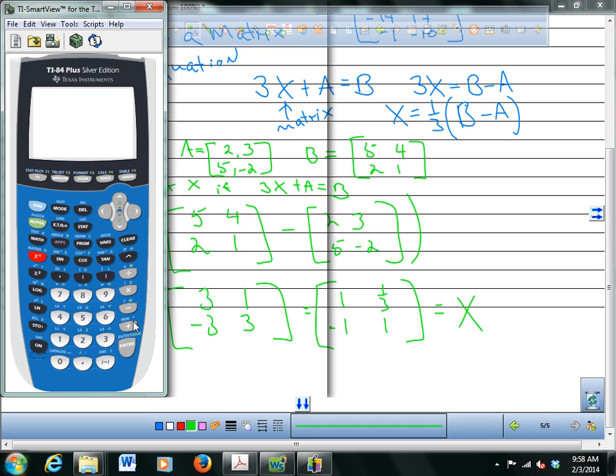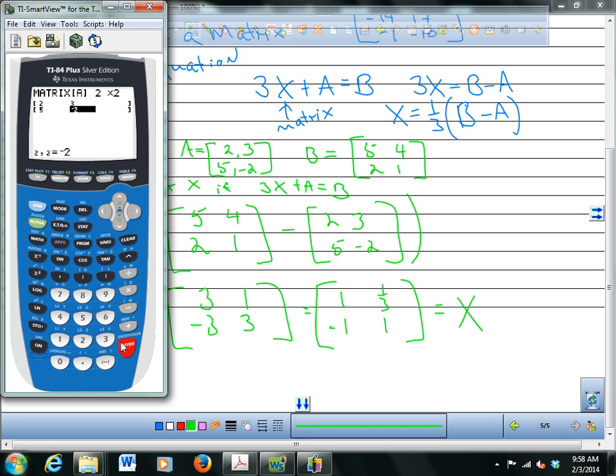First, if you want A, you'd have to go up to edit and change the dimensions of A to a 2 by 2 matrix. Okay, and then you're going to put in the numbers, and that's pretty easy. So A is just 2, 3, 5, negative 2.